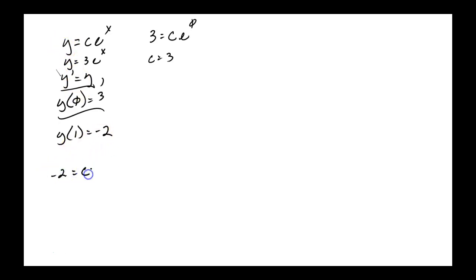It's equal to c. Now, it's not the same c. It won't be the same c. e to the 1. The x value is 1. Well, what c does that give us? Goodness gracious.